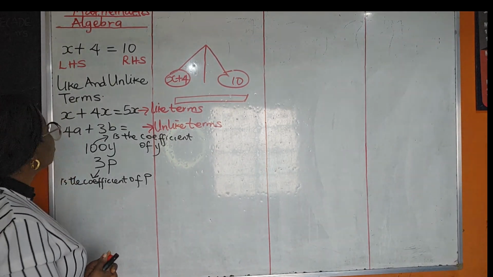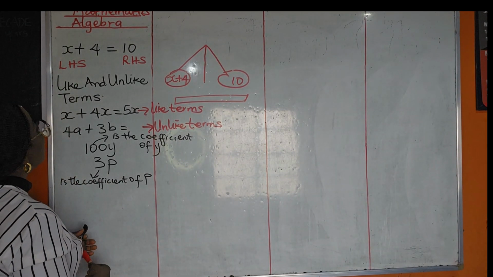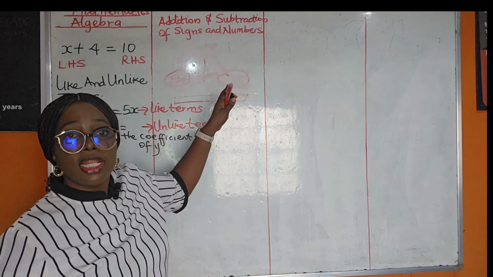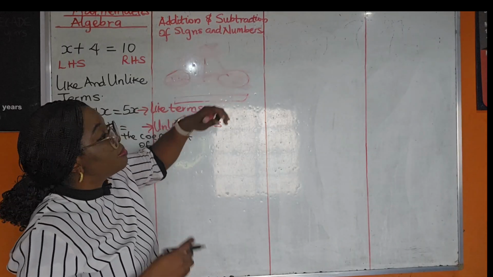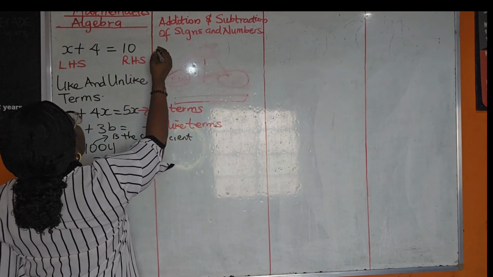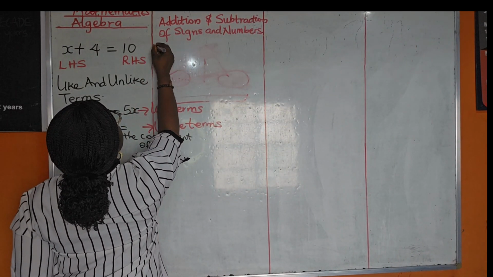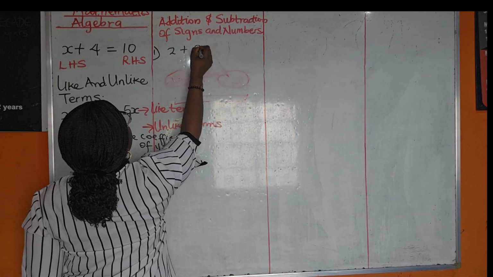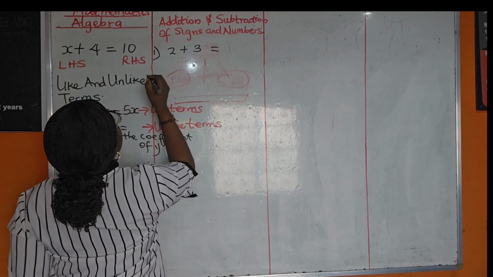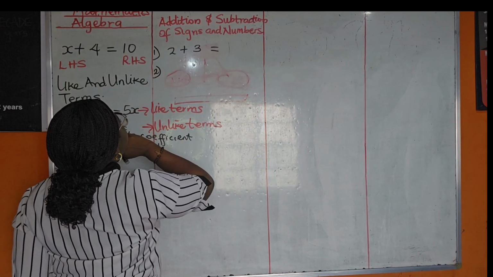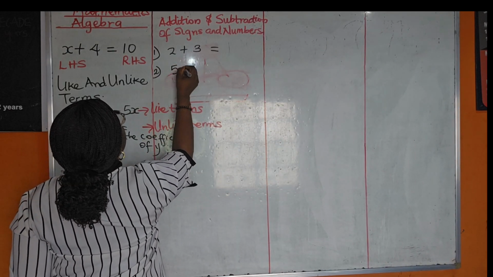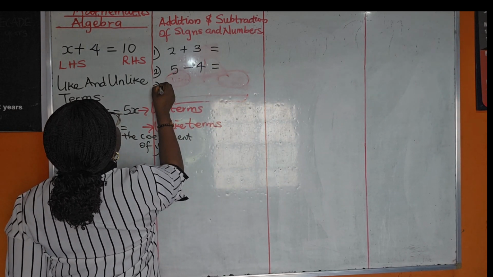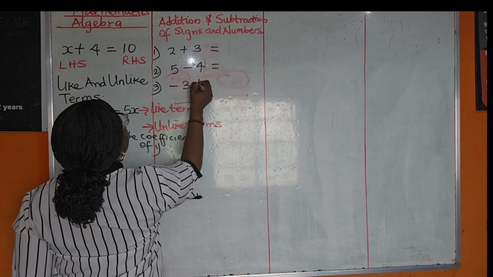That being said, we are going to move on to addition and subtraction of signs and numbers. Now, if you have something like 2 plus 3, and something like 5 minus 4, and something like minus 3 plus 1.